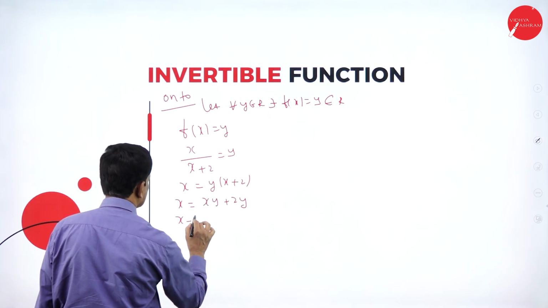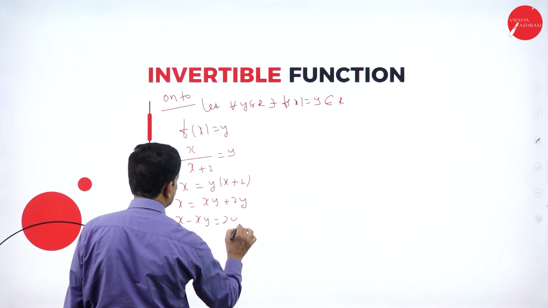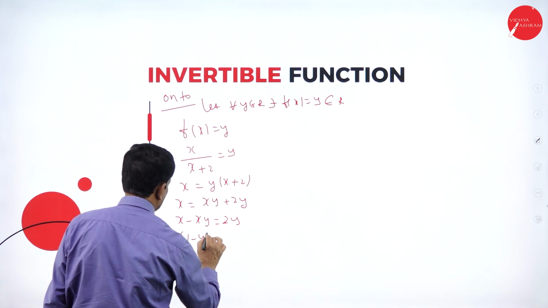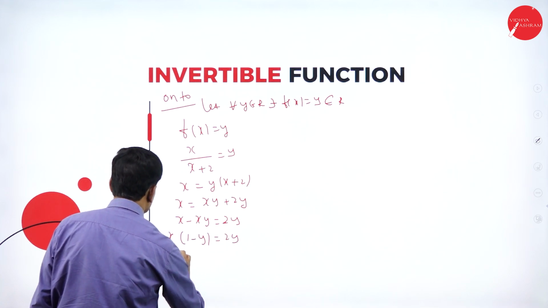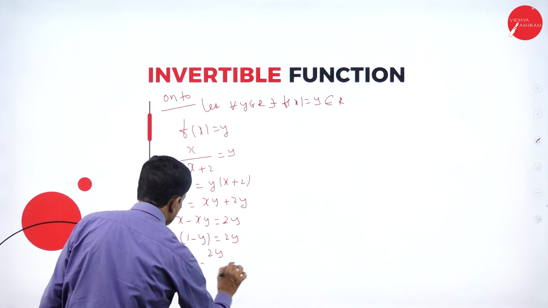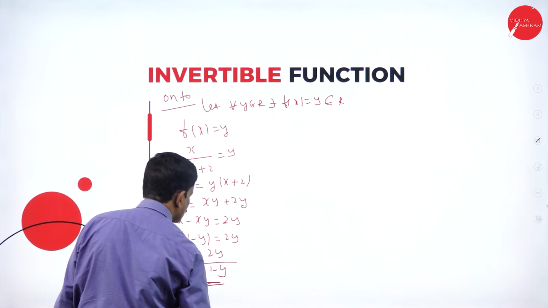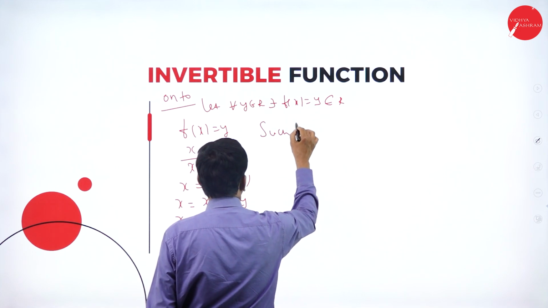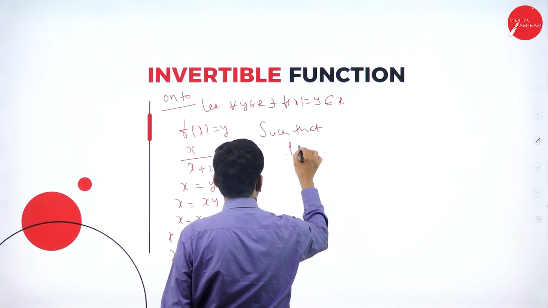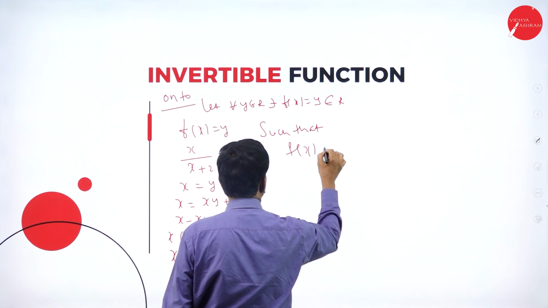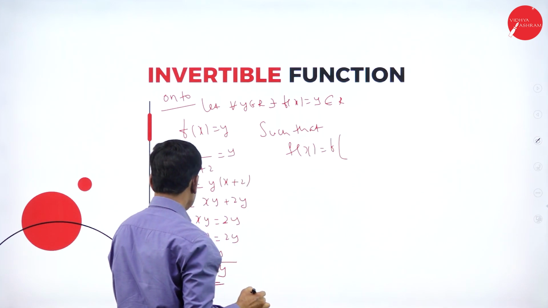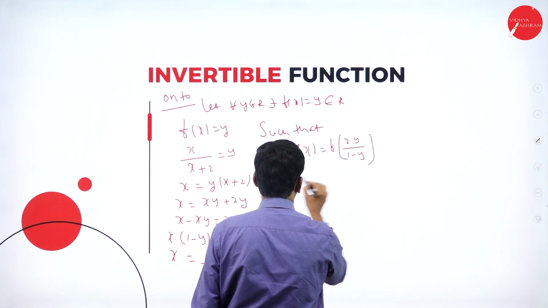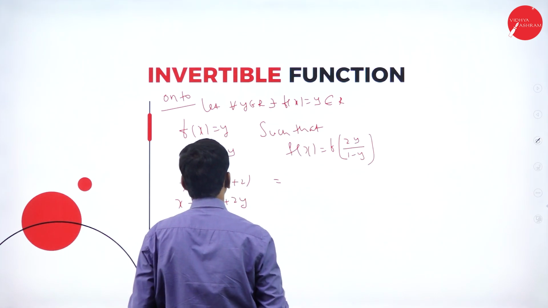Bring this to the left hand side: x minus xy is equal to 2y. Take x common factor, then x into (1 minus y) is equal to 2y. Therefore, x is equal to 2y divided by (1 minus y). So such that f of x is equal to f of, what is x? x is nothing but 2y divided by (1 minus y). Substitute here. So, what is f of x?